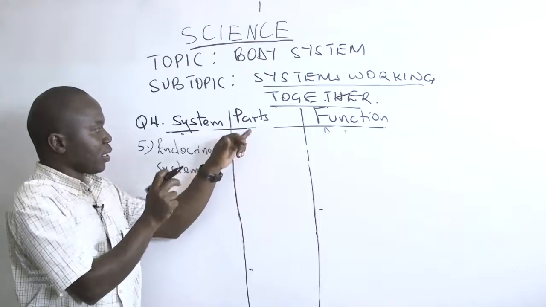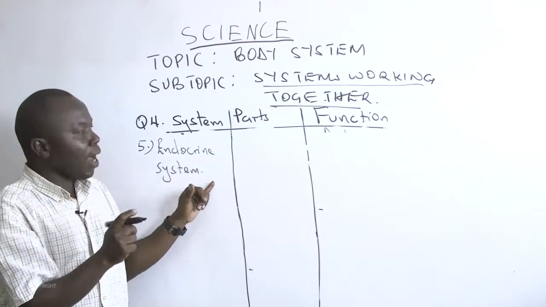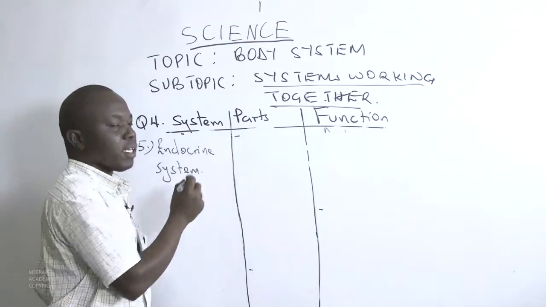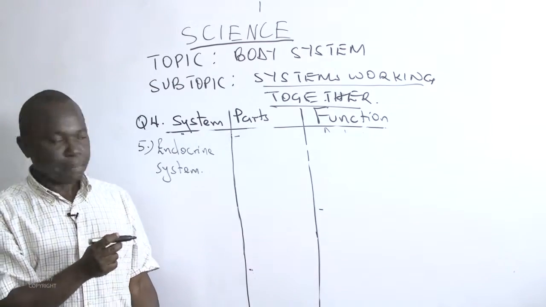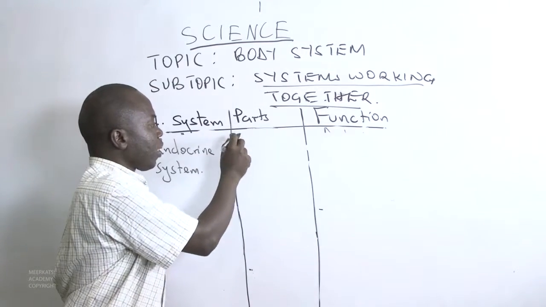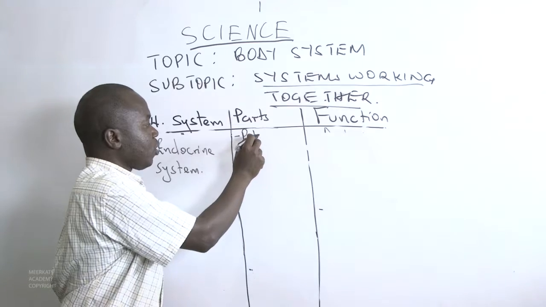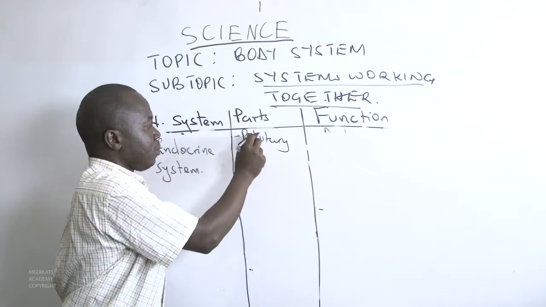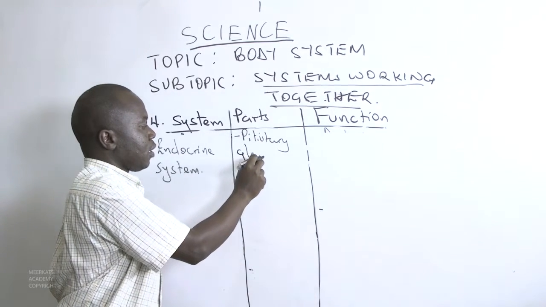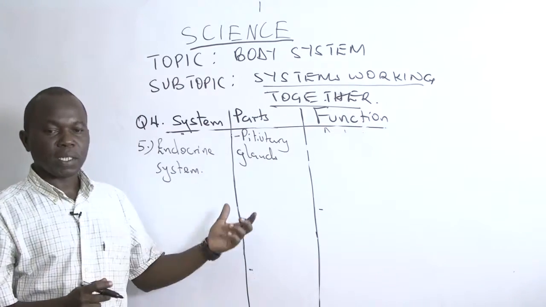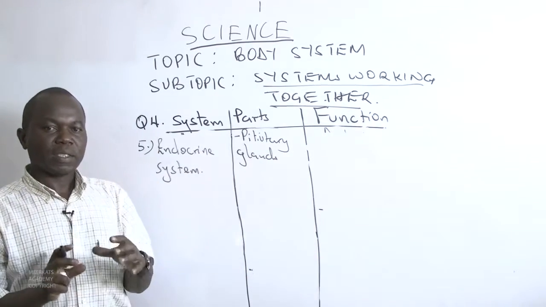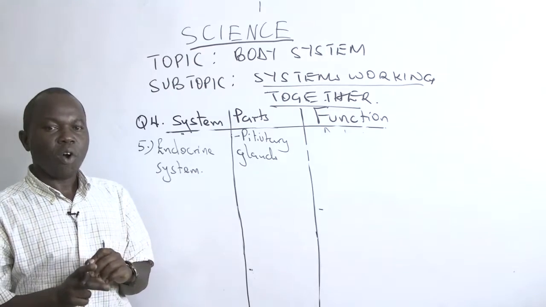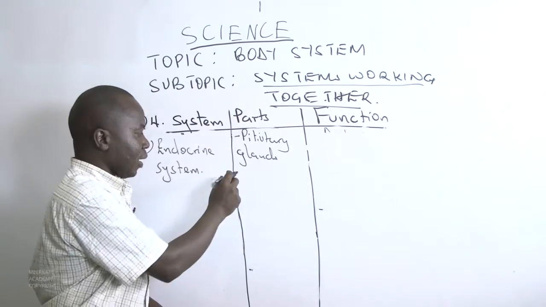Most of the parts of the endocrine system are glands. If we begin from the head region, we have the pituitary gland. Remember, the pituitary gland is the master gland. It controls activities of the rest of the glands.